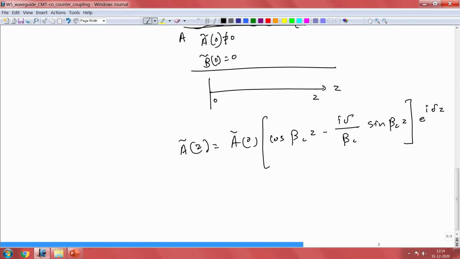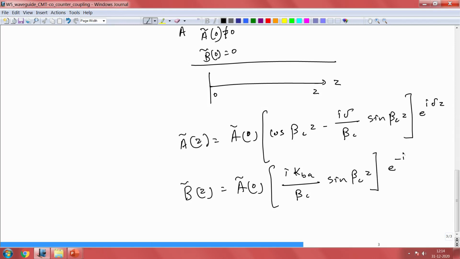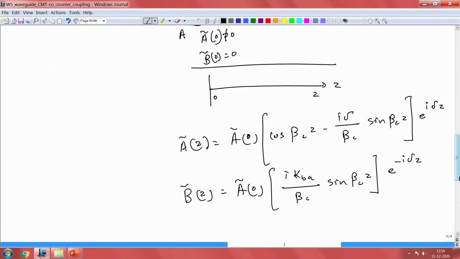You have the starting field inside the perturbed system, and your coupling tells you how the field A of z is going to evolve. Similarly, for B of z, you start with a field, and i kappa BA divided by beta c sin beta c z e to the power minus i delta z. This is how B is going to look as it propagates through the system.